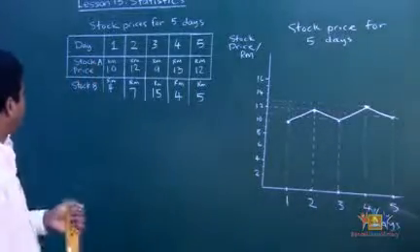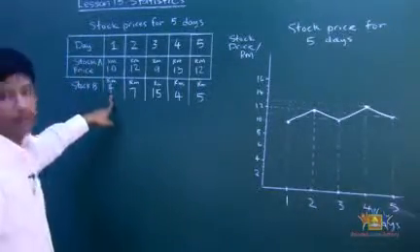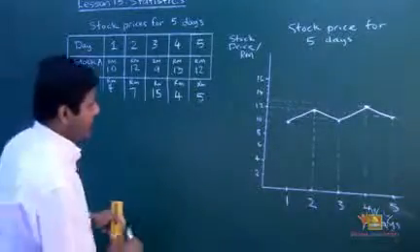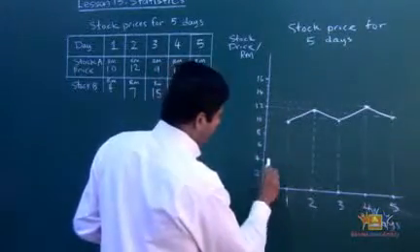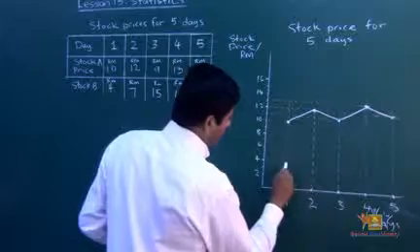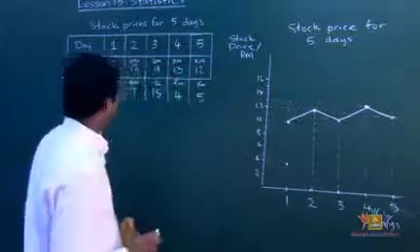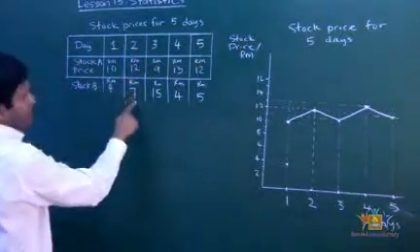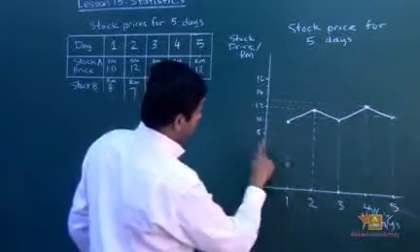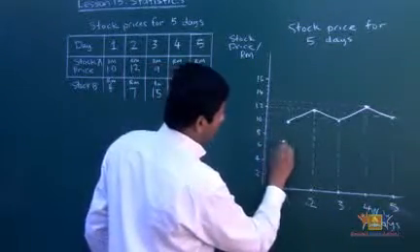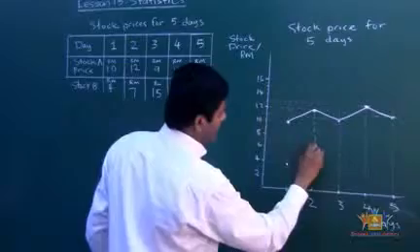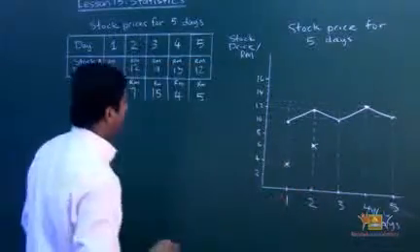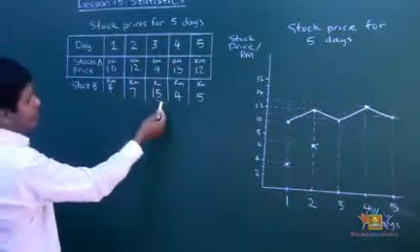Let's start with day 1. Day 1 is 4 ringgit, so it's going to be right there. That's day 1. And day 2 is 7 ringgit. So day 2, 7 is right there. Let's put an X in this one. And then day 3, it went up to 15 ringgit.